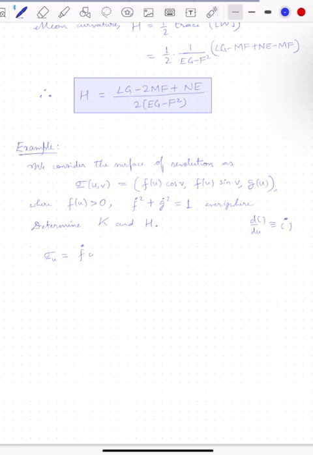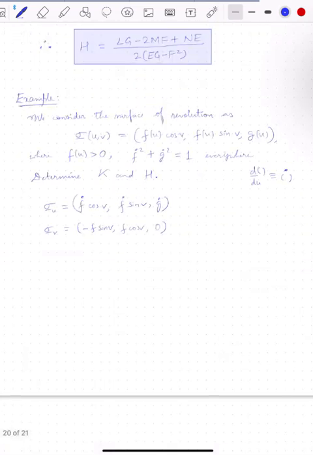So f dot cosine v, f dot sine v, comma g dot, right? And then we have sigma v is equal to minus f sine v and f cosine v, comma 0.